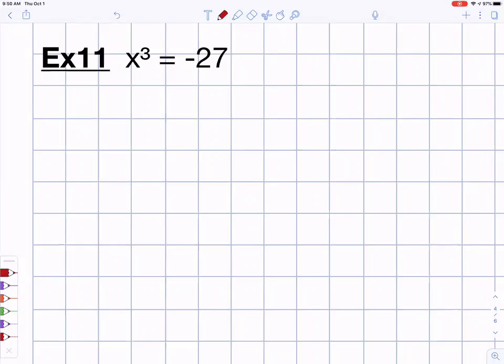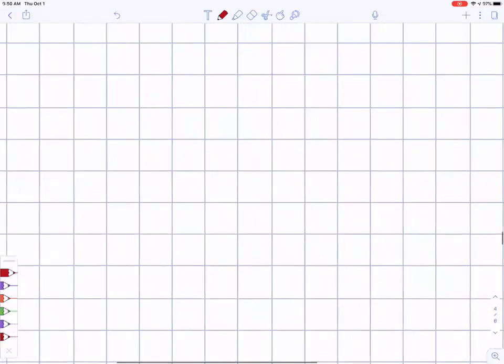Okay, so let's go ahead and rearrange it first so that it's an x cubed plus a 27 equals a 0. All right, and then let's take a rabbit trail and remind you of a rule for factoring a sum of cubes or a difference of cubes.